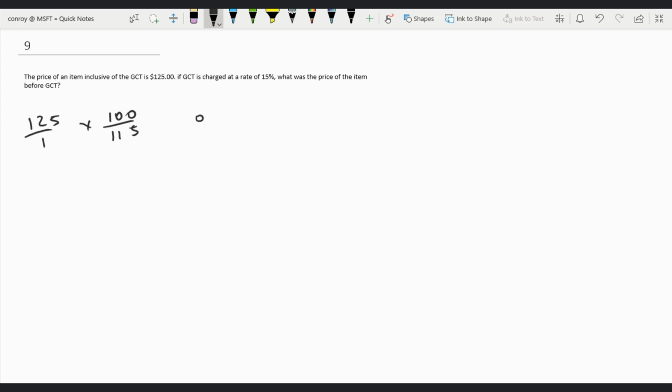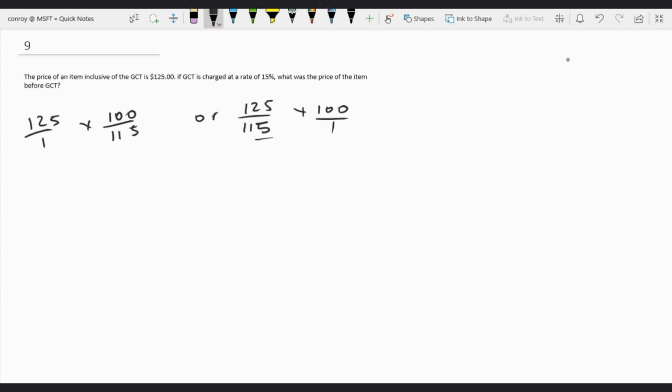We can also write this as 125, which would also represent the GCT of 15%, and we times that by 100 over 1. So this 100 would show us that the GCT was added to the price, right? The 15% was added to make it 115%, 115% over the price.